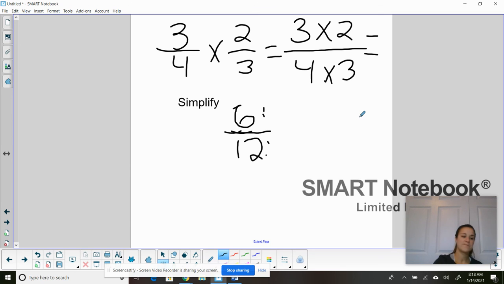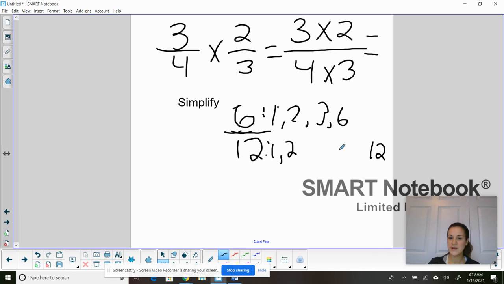So we know we have 1 and 6, 2 and 3. The bottom we go 1 and 12, 2 and 6, and 3 and 4. Now we have to find the greatest common factor. The greatest common factor is 6.